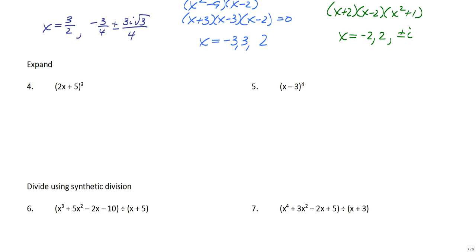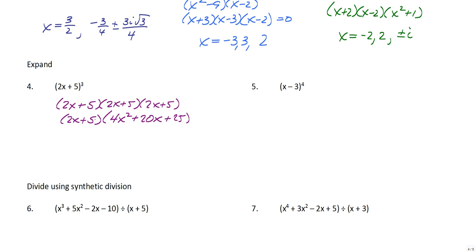Now I'm only going to do one of these because this is just multiplying. When we raise to the third power, that's just 2x plus 5 times 2x plus 5 times 2x plus 5. And we only multiply one set at a time. So if we were to multiply these two together, that would give us 4x squared plus 20x plus 25 after we combine our like terms.